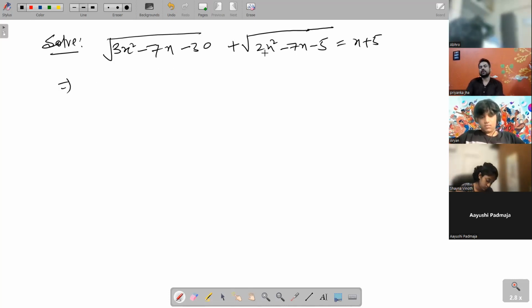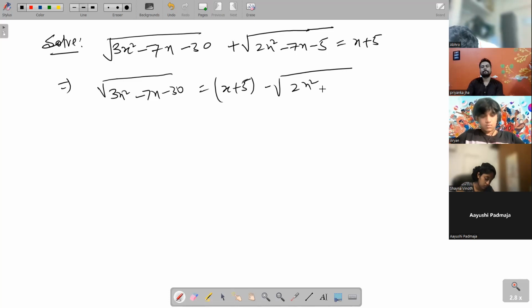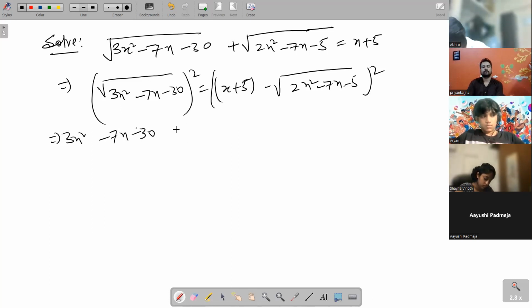You just have to bring one square root to another side. So keep one square root on one side, any one of them, and another to the right side. And then do a square. This is like (a minus b) whole square.